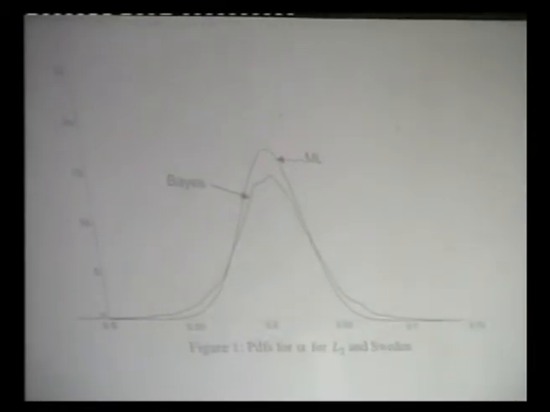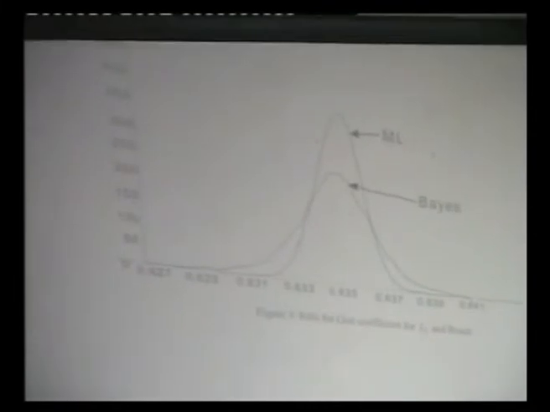And if you do that, then this is your maximum likelihood posterior, if you'll let me use such a terrible expression, and this one here is my posterior. So it's got fatter tails. This one's for alpha, notice, for one of the parameters. This is one for one of the Gini coefficients.